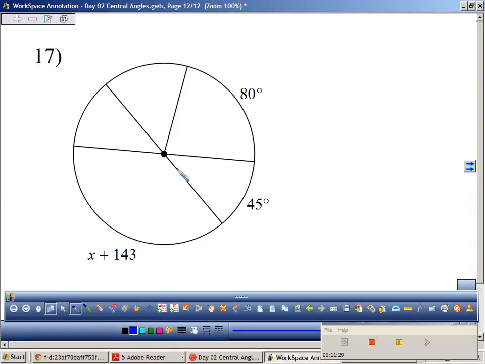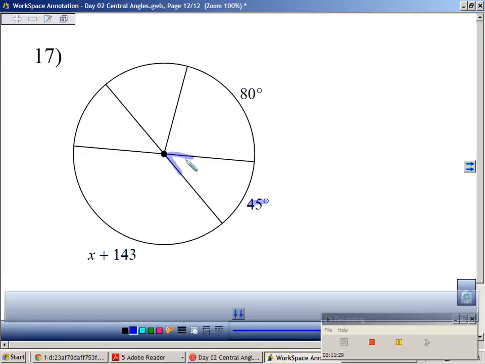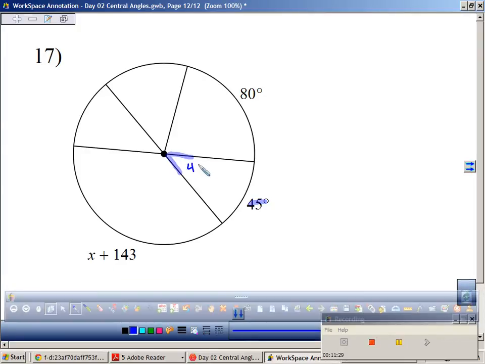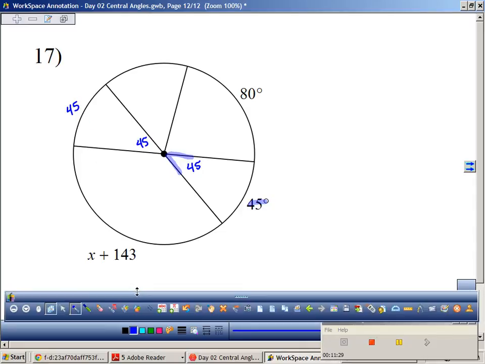That makes this angle match that, which is 45. These do look like vertical angles. That makes this one also 45. That makes this arc here 45.